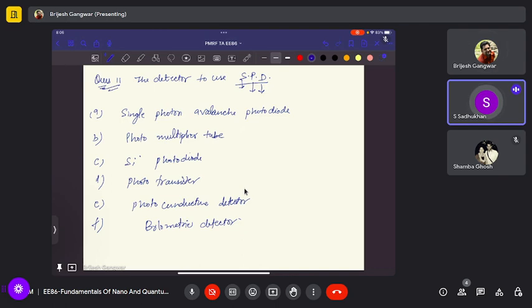I think, sir, this is not covered in the 9th book. Yeah, I haven't gone through this. So photomultiplier tube, do you know what it is?